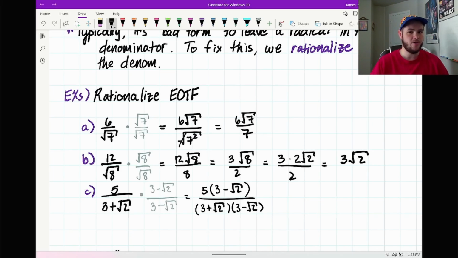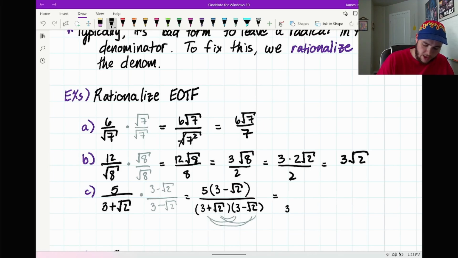If foiling is maybe a little bit unfamiliar to you or it's shaky ground, don't worry, we're going to spend a lot of time on it here in a little while. But basically what ends up happening is I get 3 squared plus 3 root 2 minus 3 root 2 minus root 2 squared.